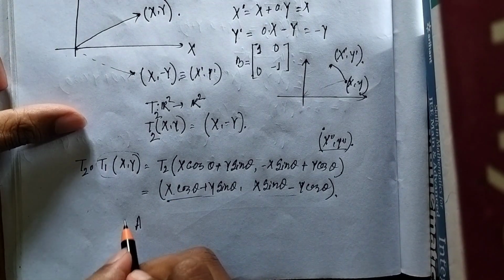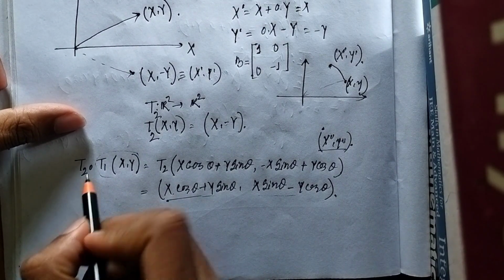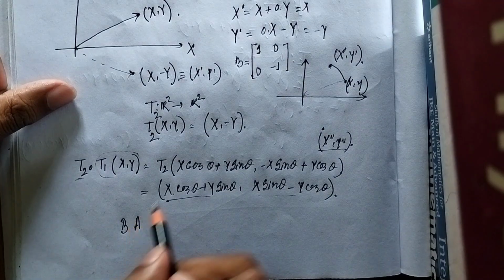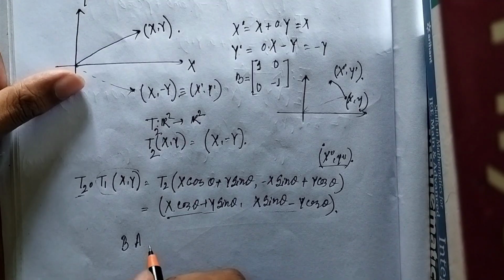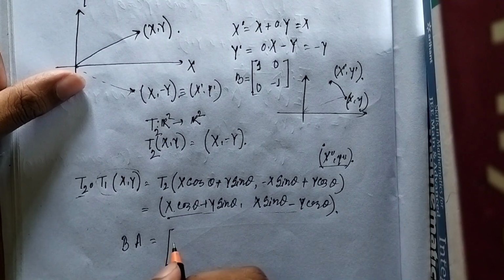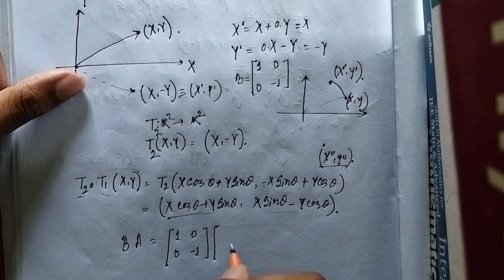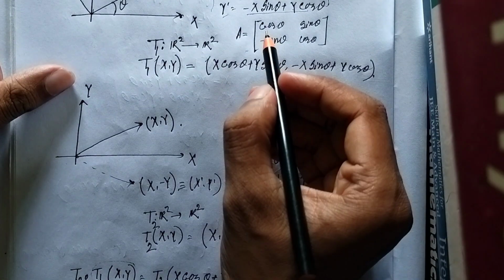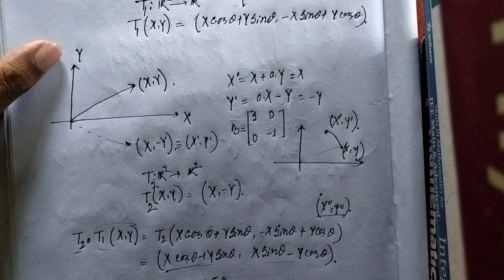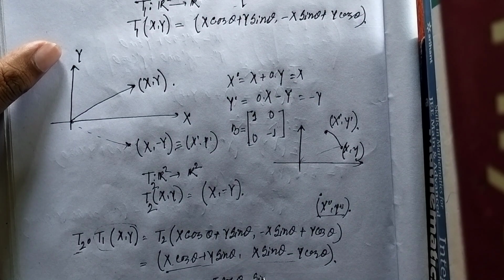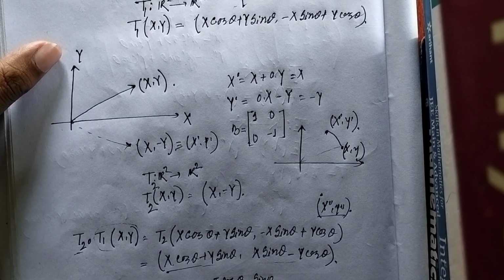Let's say BA means, because in this case we first use T2, here we also use B first. So BA is 1 0, 0 minus 1, times A, which is cos theta, sin theta, minus sin theta, cos theta.